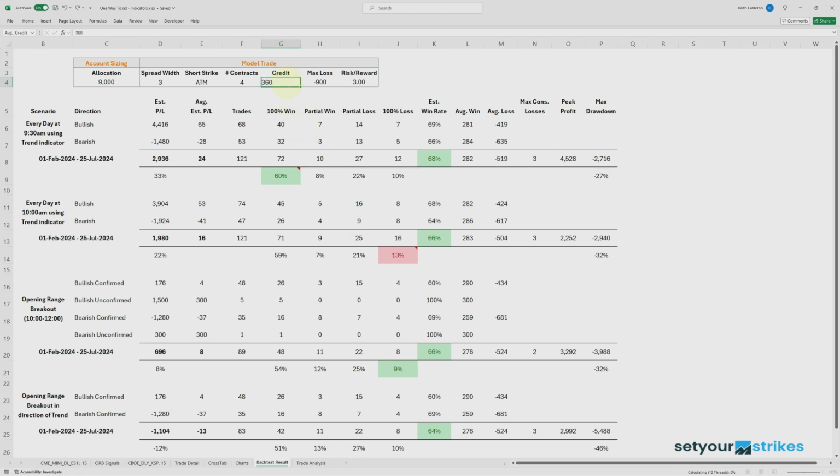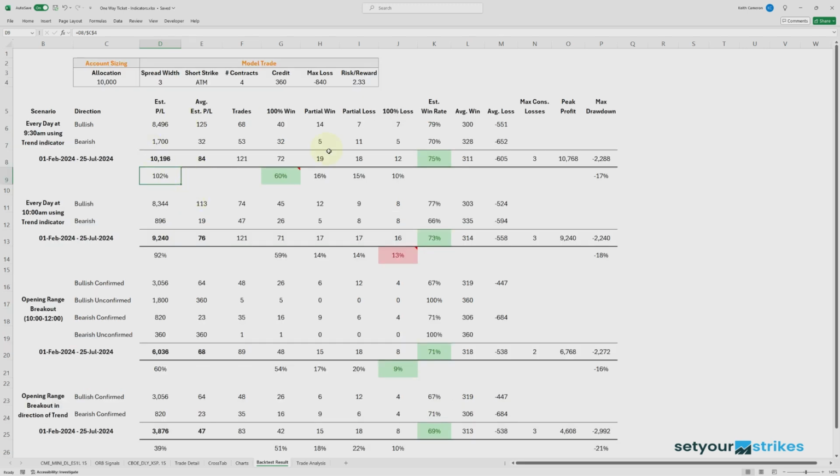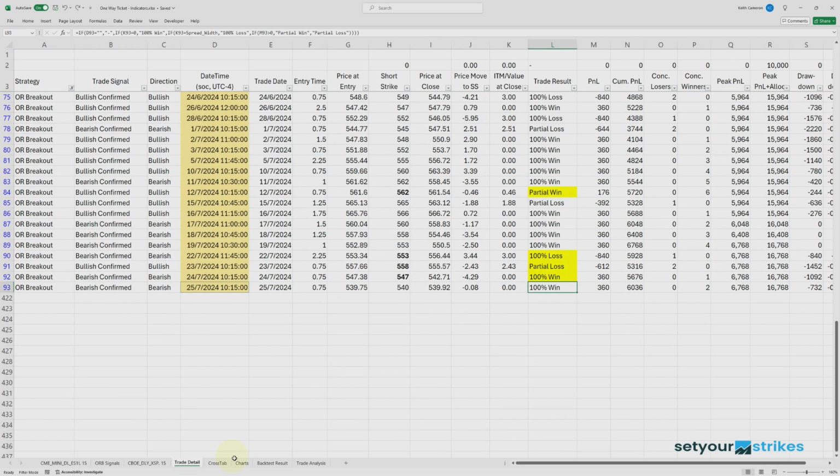I'm going to leave it there for the rest of my testing, and maybe make this a fixed $10,000 allocation, so that all my comparisons are based on the same allocation. I thought the first set of data seemed too good to be true, and as we were putting those trades on, it just didn't look right to me. It didn't look like that 2-to-1 risk reward. So that's just the nature of backtesting.